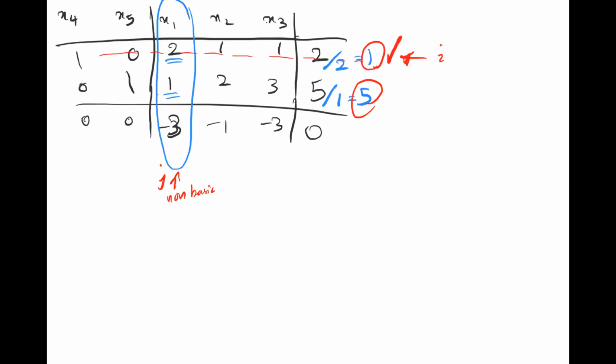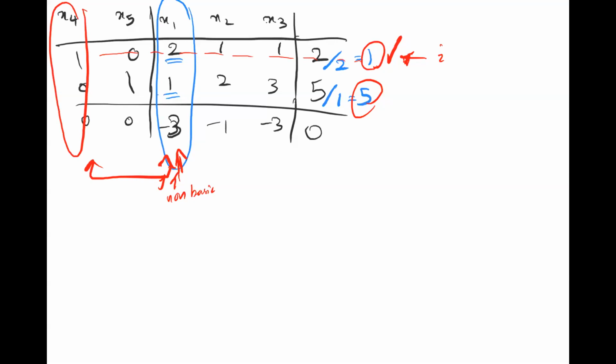This is x4. x4 is effective in this constraint. So what we have to do, we have to switch x4 and x1. But in order to do that, first we have to make sure that the column corresponding to x1 is exactly similar to what we have for x4 now.